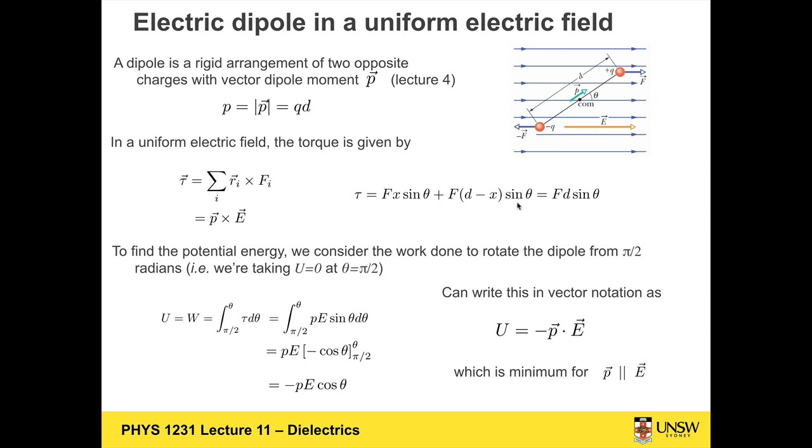Well, instead of working with forces, like in other problems, we can consider the work done to rotate a dipole, and we can consider the potential energy, which we could write in this form as minus p dot E, of course, which is minimum when p is parallel to the electric field.